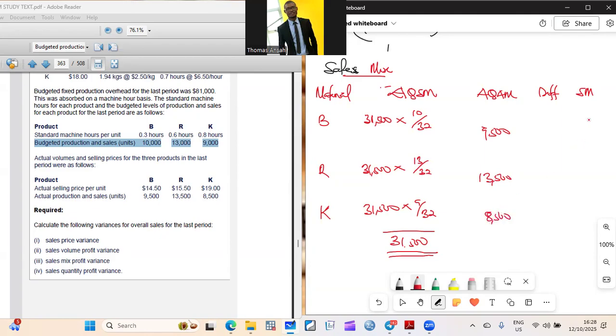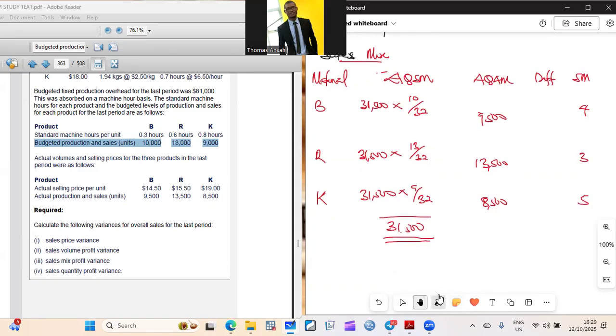This one was 435, the margin we did, the profit. So the first one I have 9,843.75.